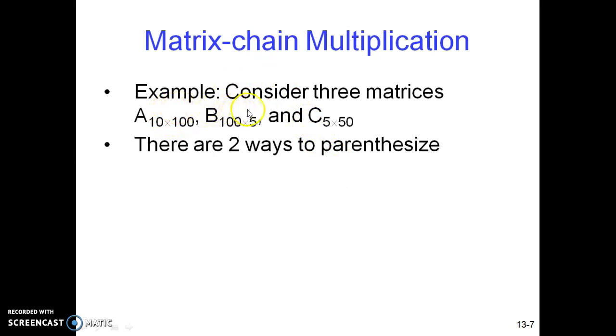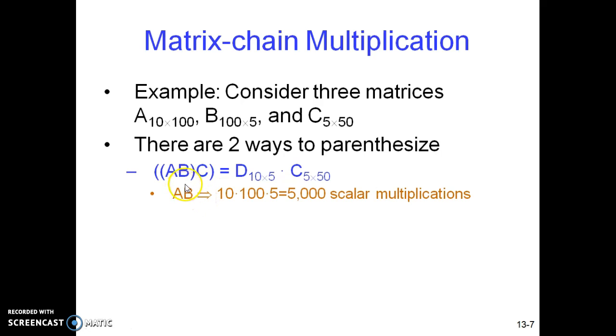Now, example, consider a 3-matrix multiplication. The A matrix order is 10 into 100, B matrix is 100 into 5, and C matrix is 5 into 50. Two possibilities arise. One is to first multiply A into B, then C. The A into B cost is 5000.